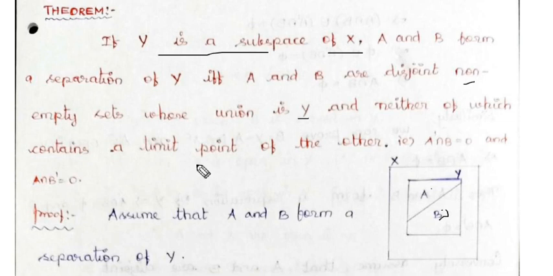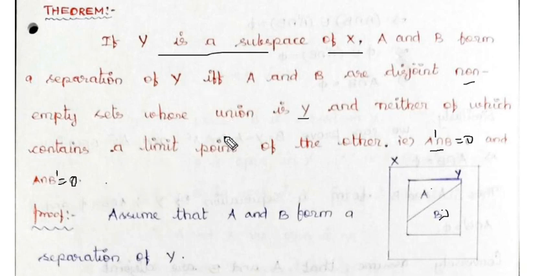That is, A dash intersection B equals 0, and A intersection B dash equals 0. Okay, this is the characterization theorem.